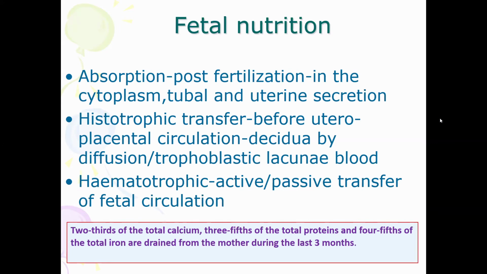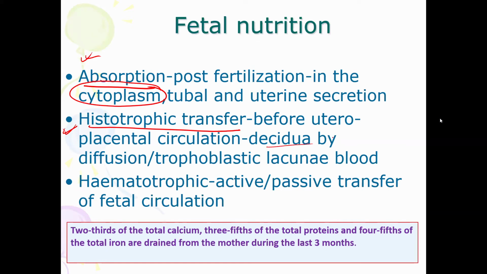So remember, first is absorption. Post fertilization up to week 2 there is absorption from tubal and uterine secretion. Then histiotropic transfer. Histiotropic transfer is basically from the cytoplasm, not from the mother. The uterine secretion is from the mother, but it reaches the embryo by just diffusion.